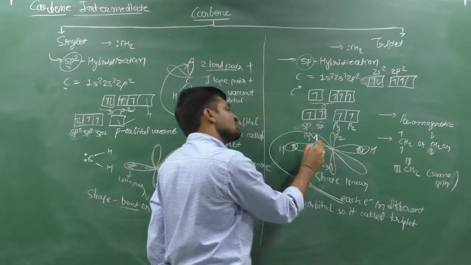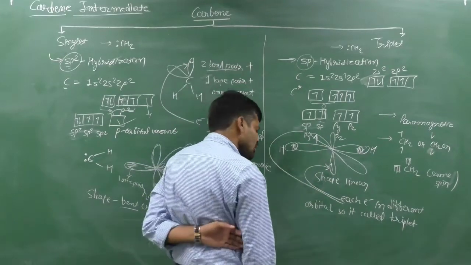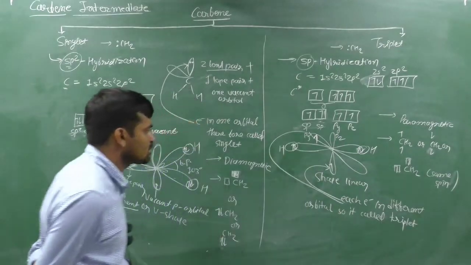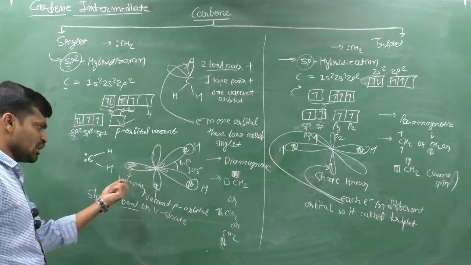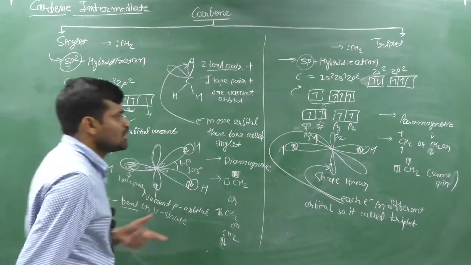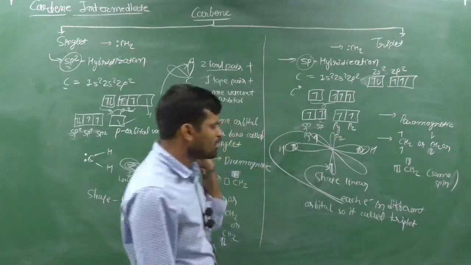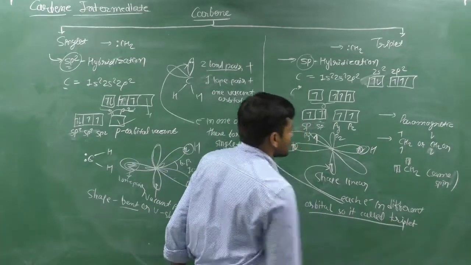One electron is present in a py orbital and one electron is present in a pz orbital. Here two non-bonded electrons are present in two different orbitals, so it is called triplet carbene.